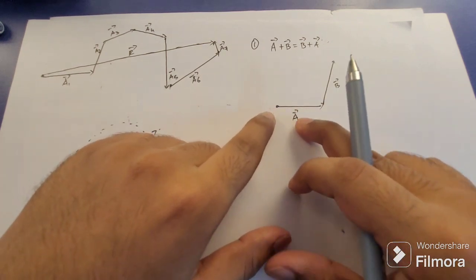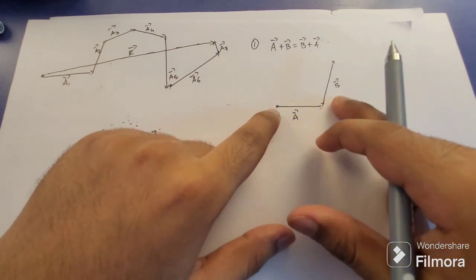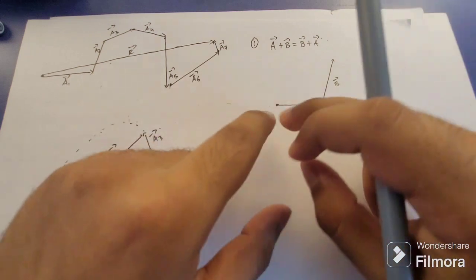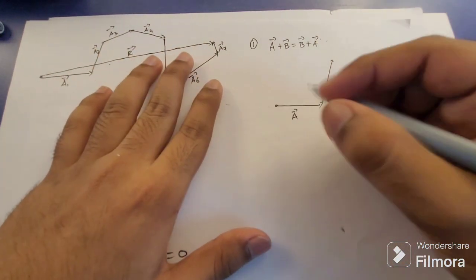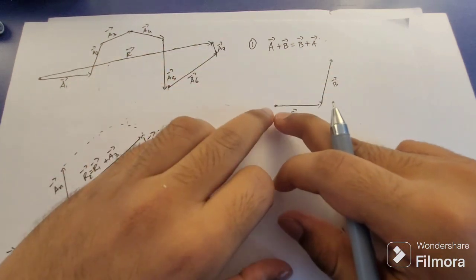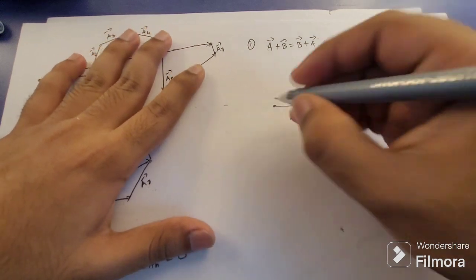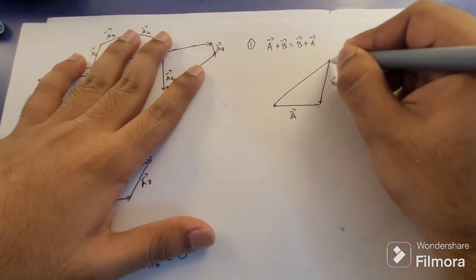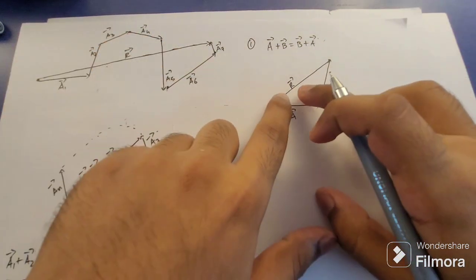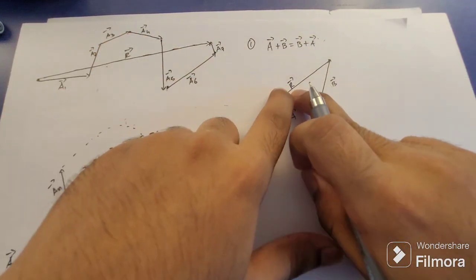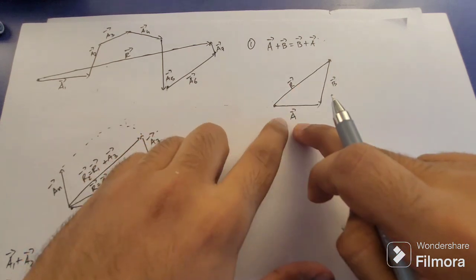Now we can apply the triangle law of vector addition, which simply says that if two vectors represent two sides of a triangle, then their resultant is found just by completing the third side. And the direction will be from the start of first vector to the tip of last vector. So let us quickly do that. This is the resultant vector, and r vector will be equal to the sum of a vector and b vector.